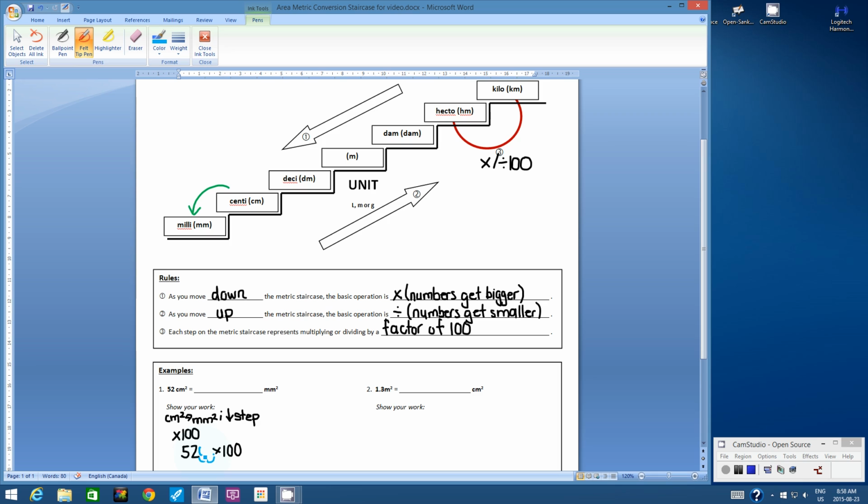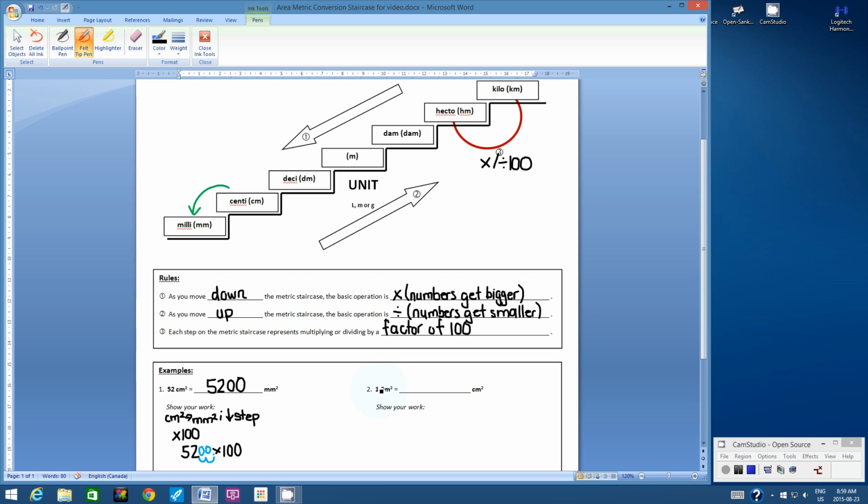So I have to add a 0 in this place value column and a 0 in this place value column. Okay, so I've got a final answer here. 52 centimeters squared equals 5,200 millimeters squared. And there's all my steps here. Now remember, I want you to show me all your steps for every question.